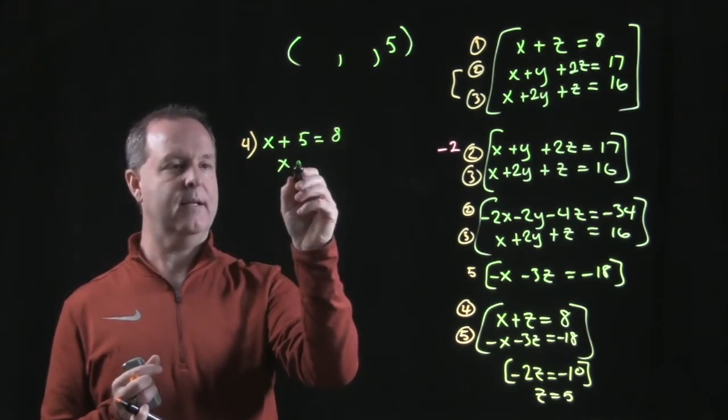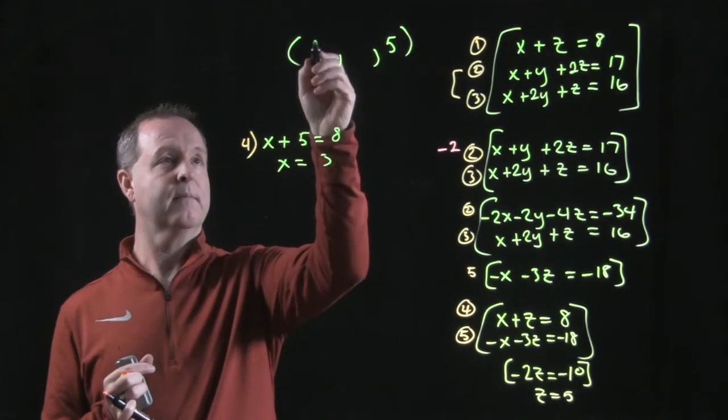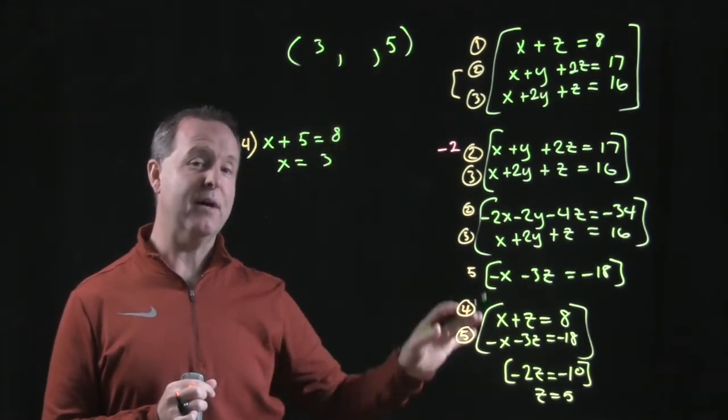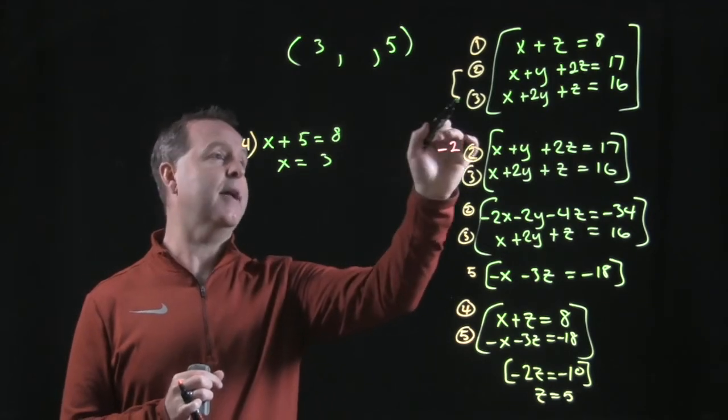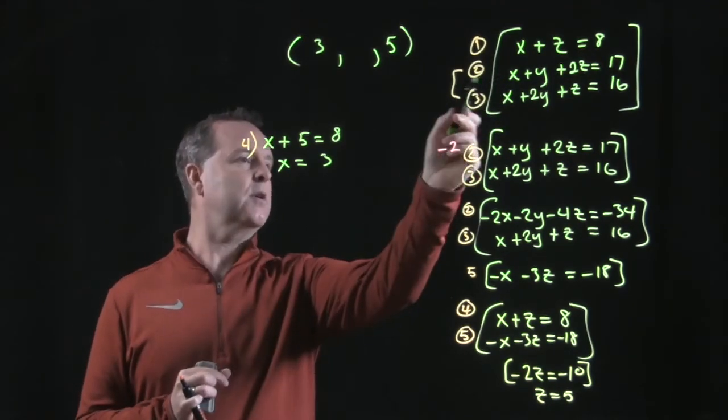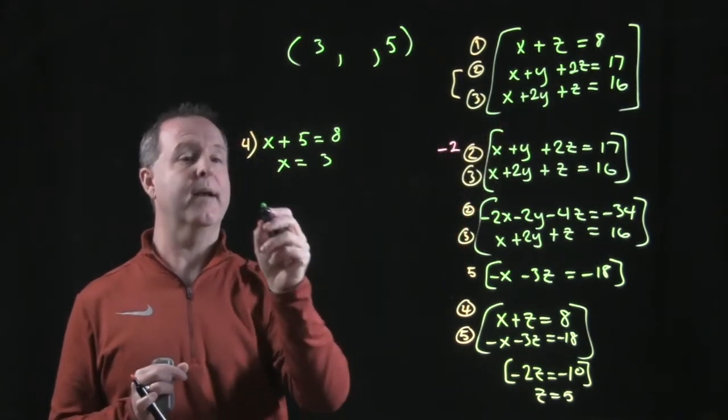And what do you think that's going to be? That looks like x equals 3. Boom. And then let's take our x and z and plug that into one of our 3 by 3 lines. And, well, that doesn't help in equation 1. So let's go to equation 3. Why not?